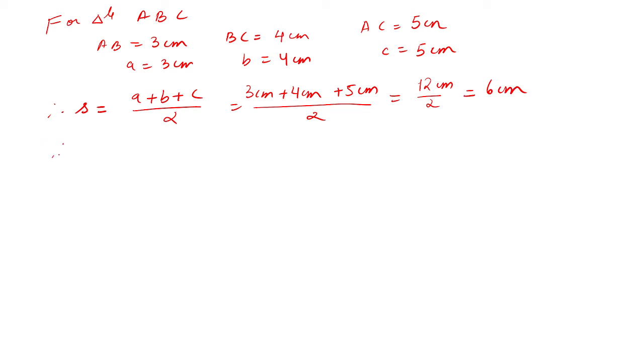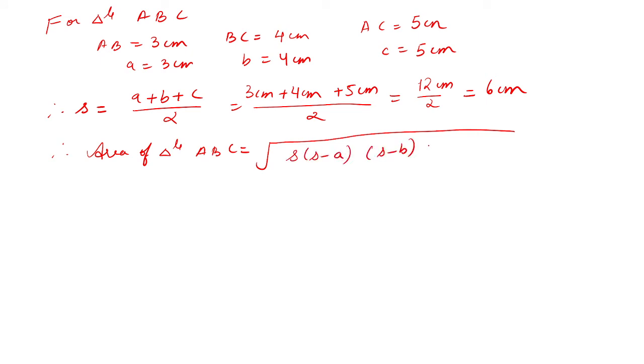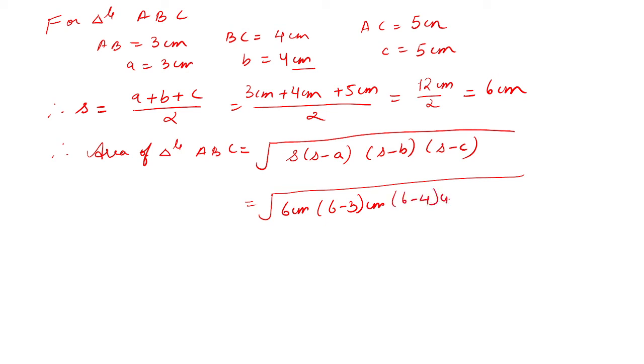Clear? Therefore, area of triangle ABC is equal to, use the Heron's formula. What is Heron's formula? Root of S into S minus A, S minus B, and S minus C. Clear? So S is the semi-perimeter, 6 minus 3 centimeter, B in this case is 4, so 6 minus 4 centimeter, and C is 5, so 6 minus 5 centimeter.